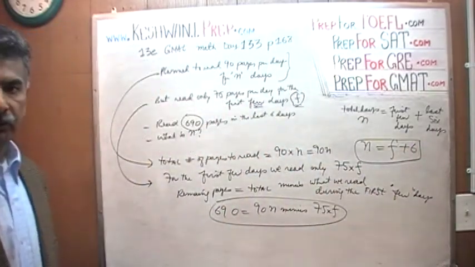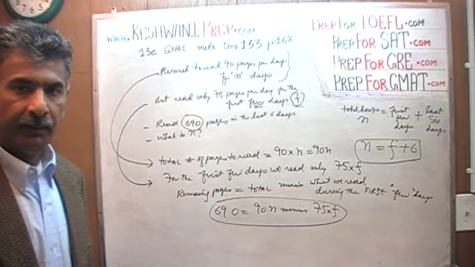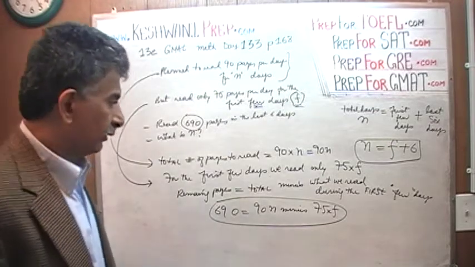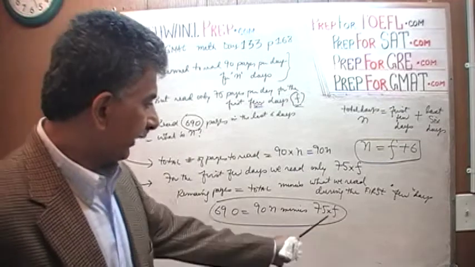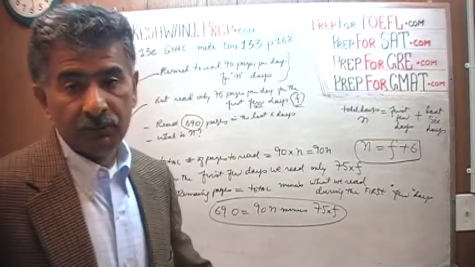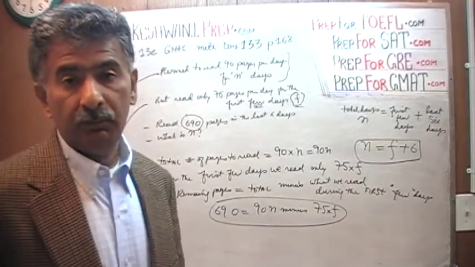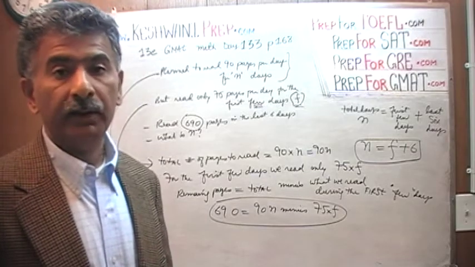There are your two equations. That's all we needed. We needed two independent equations to take care of the fact that we are dealing with two unknowns, f and n. Once we have the two equations, solving for the two unknowns is a cinch. It's just a matter of doing it out.